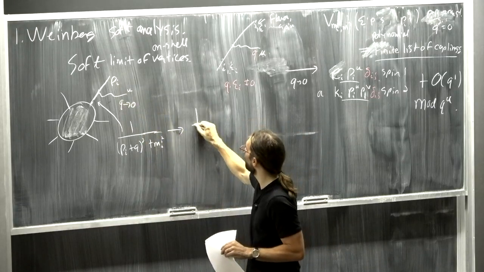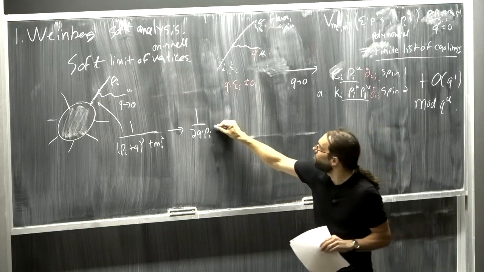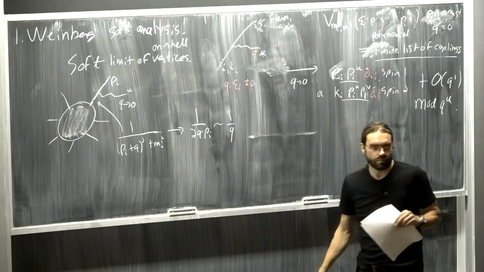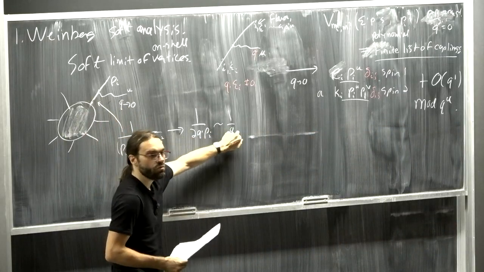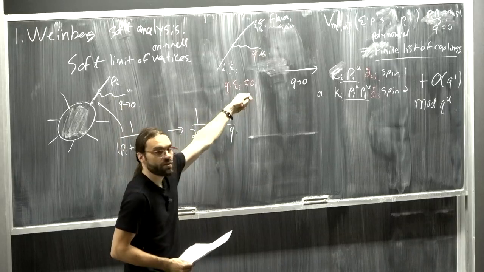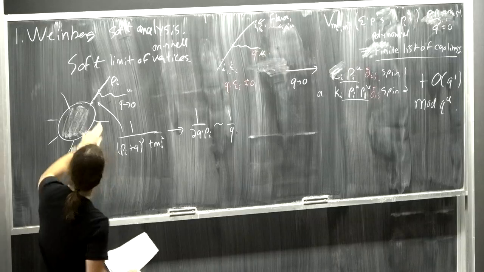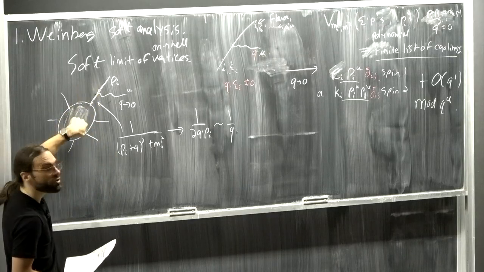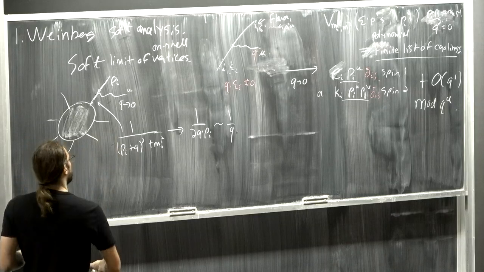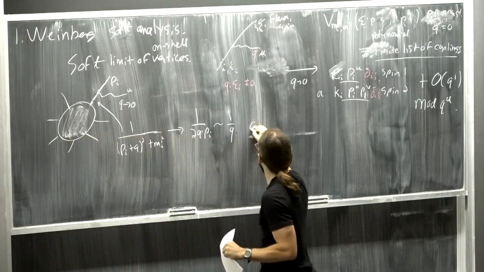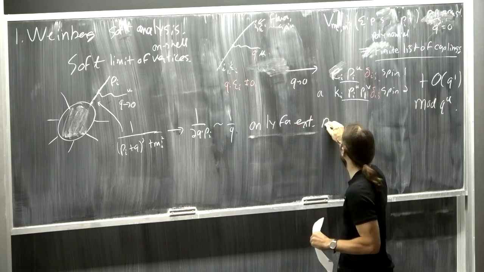So all you get is 1 over 2q dot p_i, which goes like 1 over q. So whenever you insert a soft particle on an external leg, you get this 1 over q factor. The numerator doesn't have any q, so that's a 1 over q effect. But whenever you insert this on an internal propagator, you don't get this enhancement because the internal propagators are off shell. So this is only for external propagators.